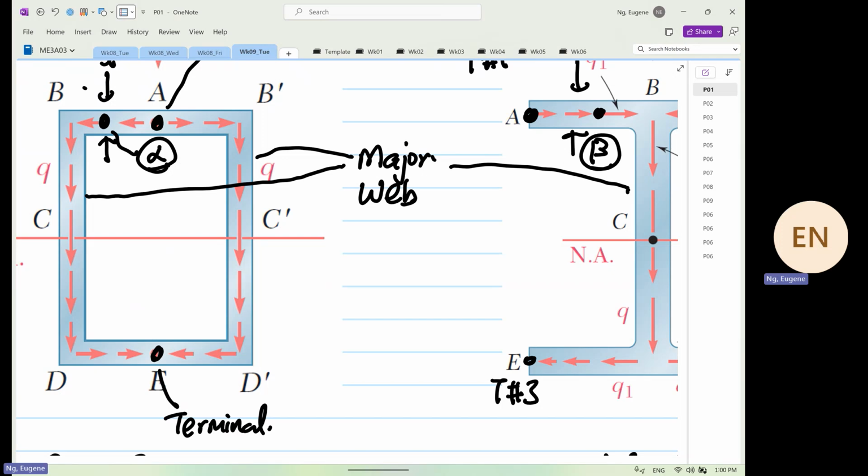Anyone else? Where is tau A equal to tau B? Where? Where are you talking about?